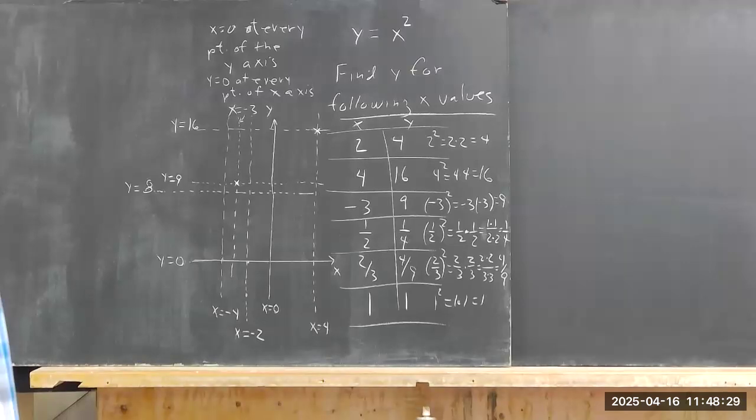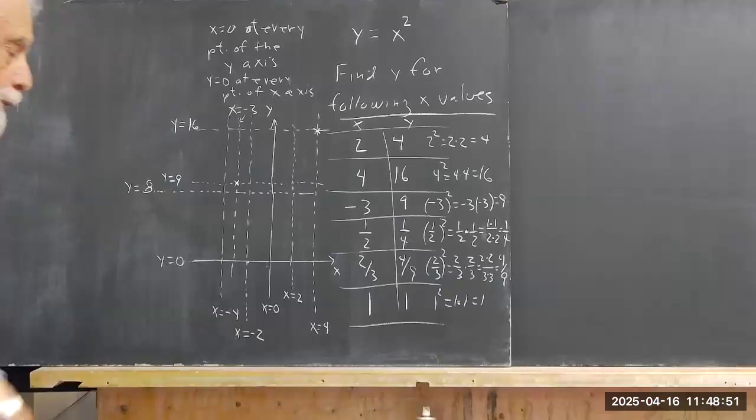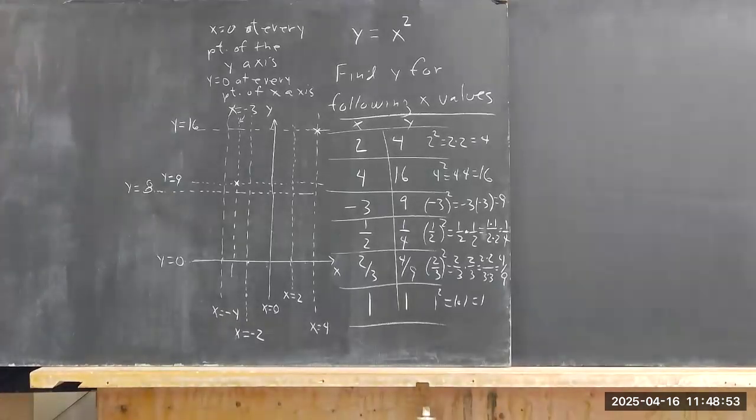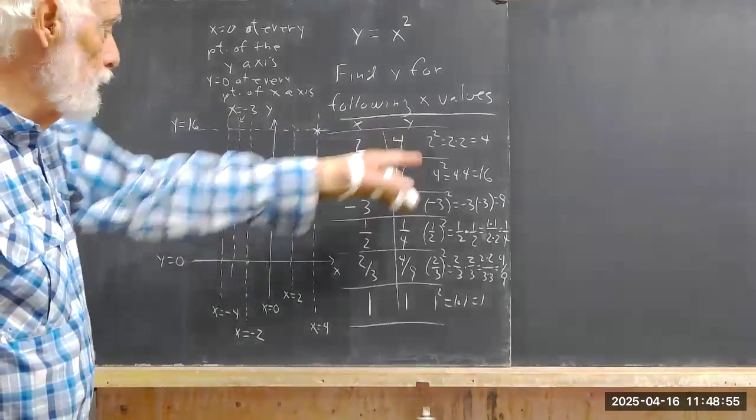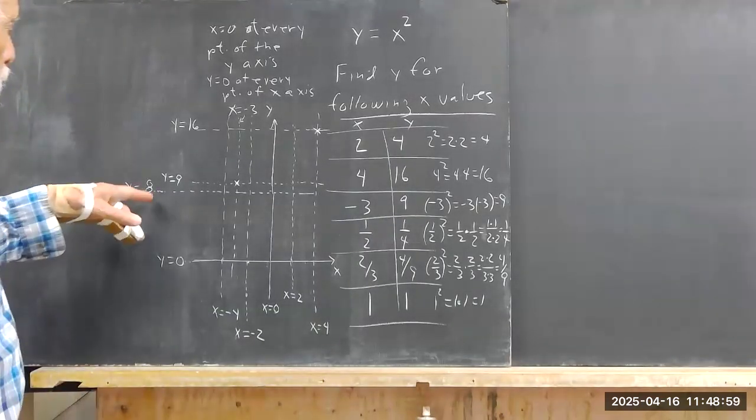Okay, so halfway between, and we get the x equals 2 line. Okay. And what's the y value? It's 4. Now, where is y equals 4? Well, we labeled y equals 8.